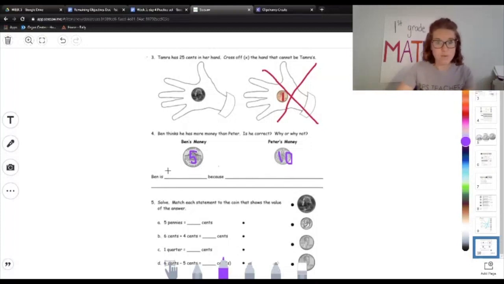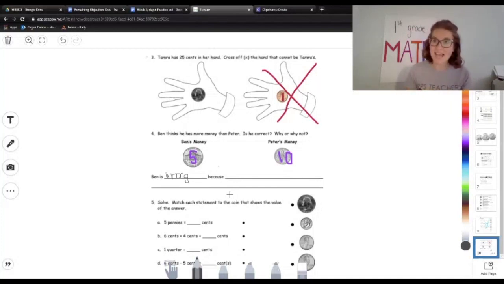No, we would say, it's going to be a little hard for me to write, but we'd say Ben is wrong. Ben is wrong. Why is Ben wrong? Because a nickel is less than a dime.